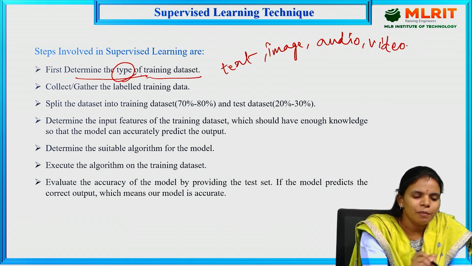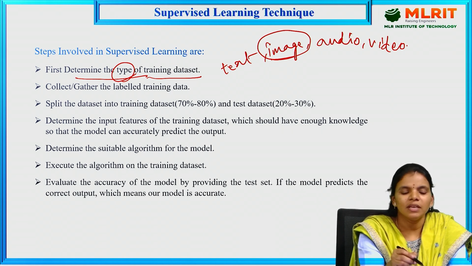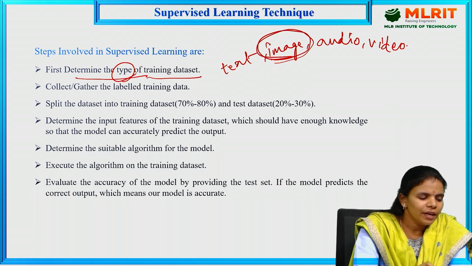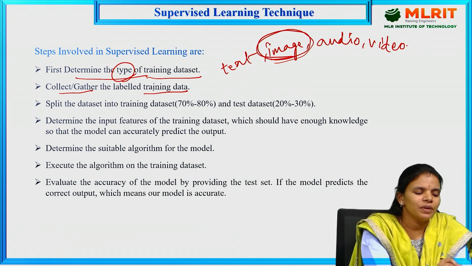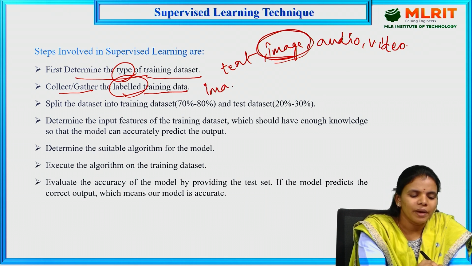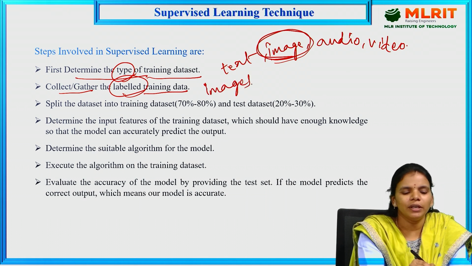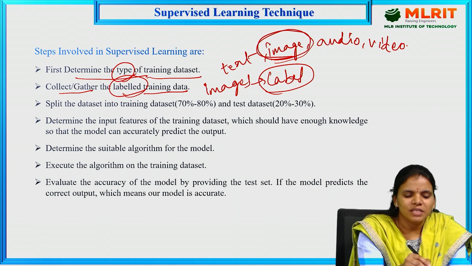Based on the type of data set, for example, if it is an image data set, the problem is to solve image type problems. Then you need to collect or gather that labeled training data set. So you need to collect multiple images from various resources and label those images, or you may already have gathered data points which are labeled.